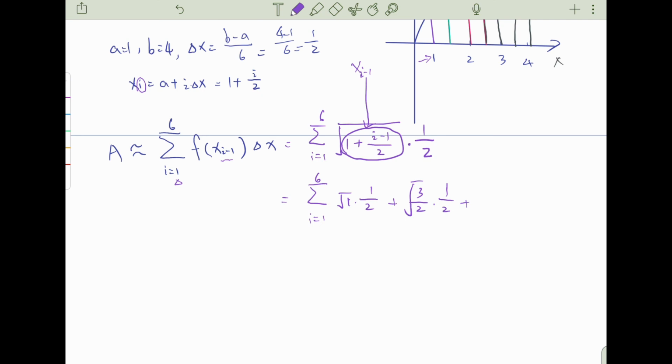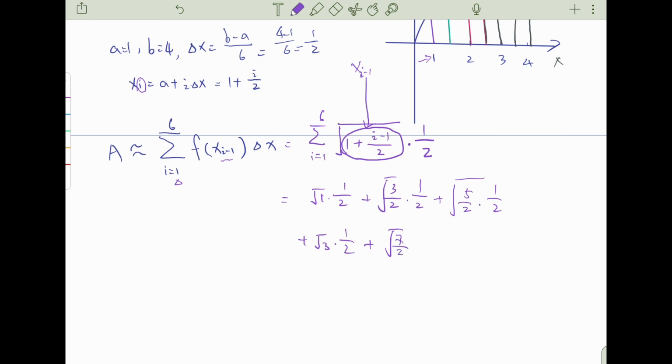And if you substitute 3, then you will get 5 over 2 times 1 over 2 here. And plus, oh sorry, I should remove this sigma when I substitute this. And plus this square root of 3 times 1 over 2 and plus 7 over 2 times 1 over 2.